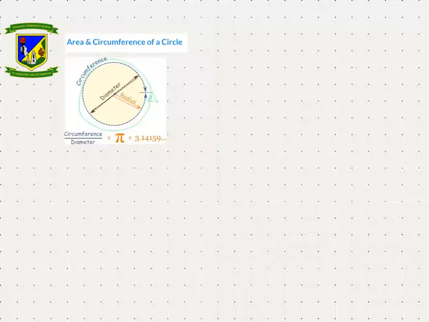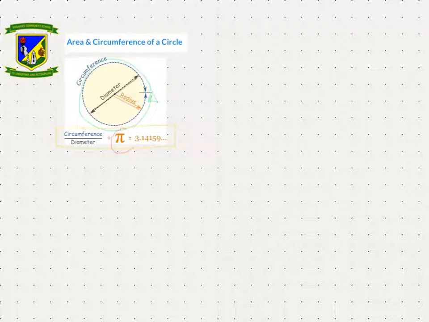There's an important relationship between the length of the circumference in any circle and the length of the diameter in that circle. If you divide the length of the circumference by the length of the diameter, you will always end up with the number 3.14159, etc. This is an important number in mathematics and has a special name.